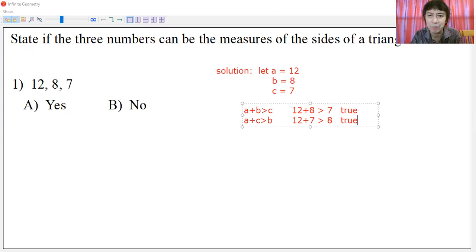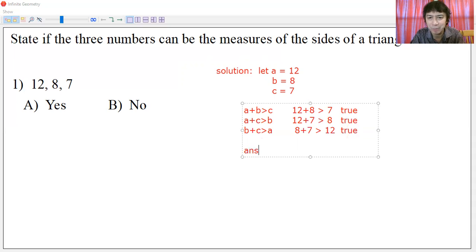Now for the third, we have B plus C greater than A. This time we're going to have 8 plus 7. Will that be greater than 12? That is 15 greater than 12. That's true also. Therefore our triangle is valid. The answer is yes.